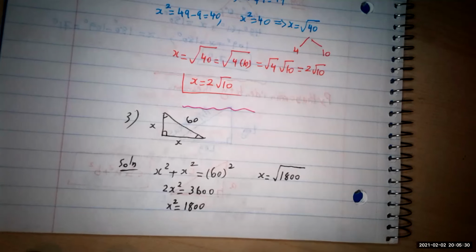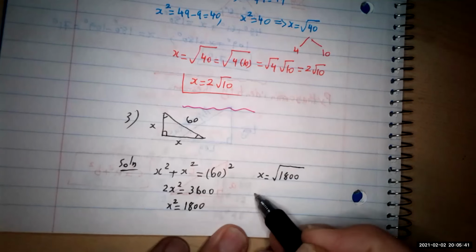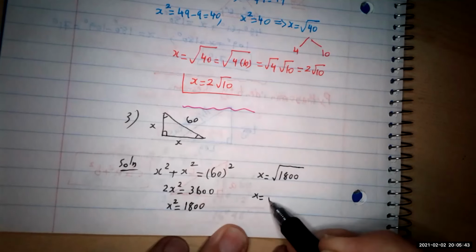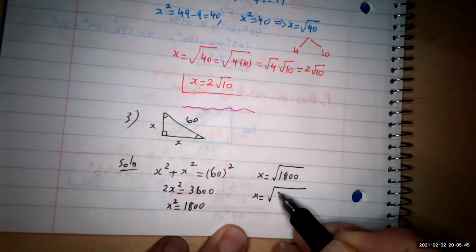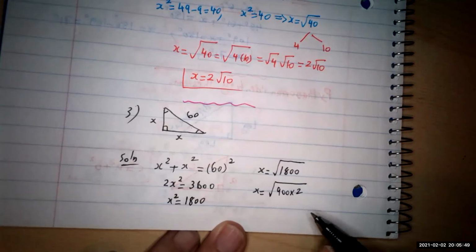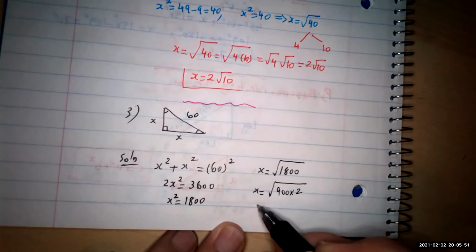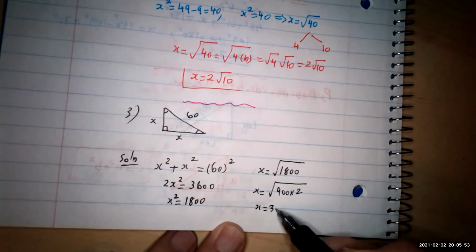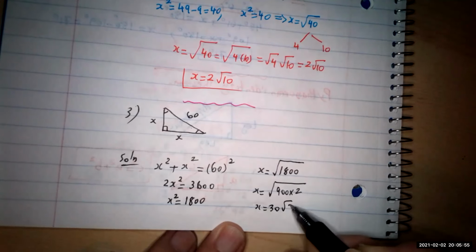To simplify it, you have different ways to do it. It's 100 times 18 if you like, you can pull out the 10, or it's 2 times 900. So x is going to be 900 times 2. So radical 900 would be 30. So x equals 30 radical 2.